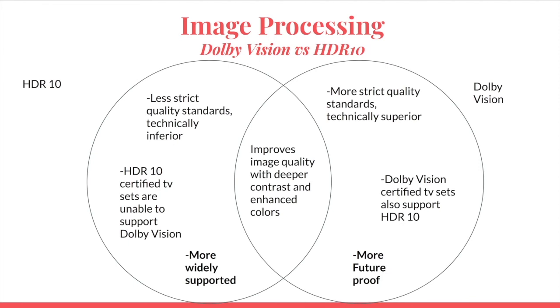The minimum specification for Dolby Vision mastering requires the use of reference monitors with a contrast ratio of 200,000 to 1, peak brightness of 1000 nits, color range approaching the REC 2020 standard, and support for the SMPTE ST2084 HDR format. In other words, a Dolby Vision TV also has the ability to decode HDR10, but an HDR10 only TV cannot decode Dolby Vision.